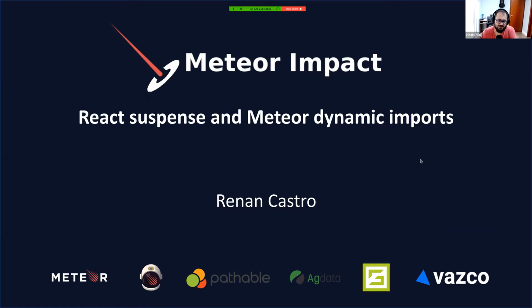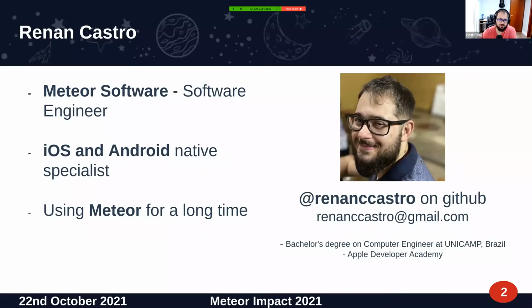Okay, guys. So let's start by giving some background on who I am and why I can be here talking to you guys. I'm a software engineer at Meteor Software, but I've been a long time native developer for iOS and Android.